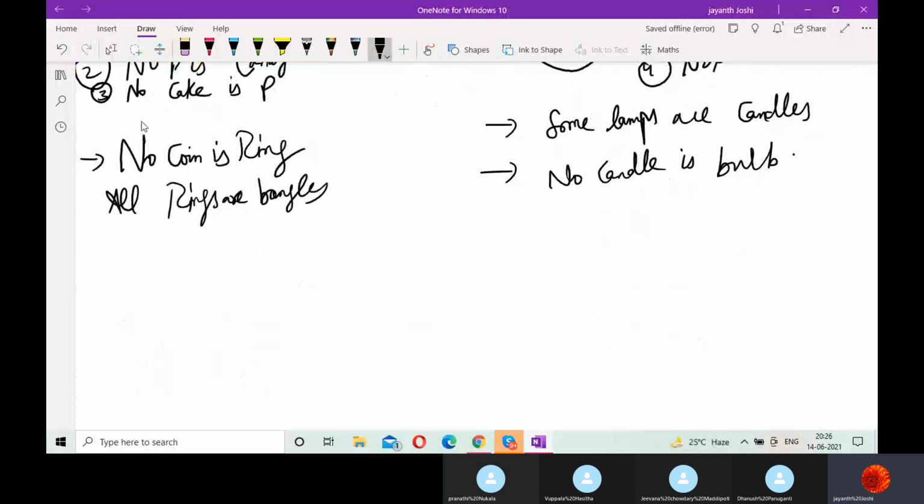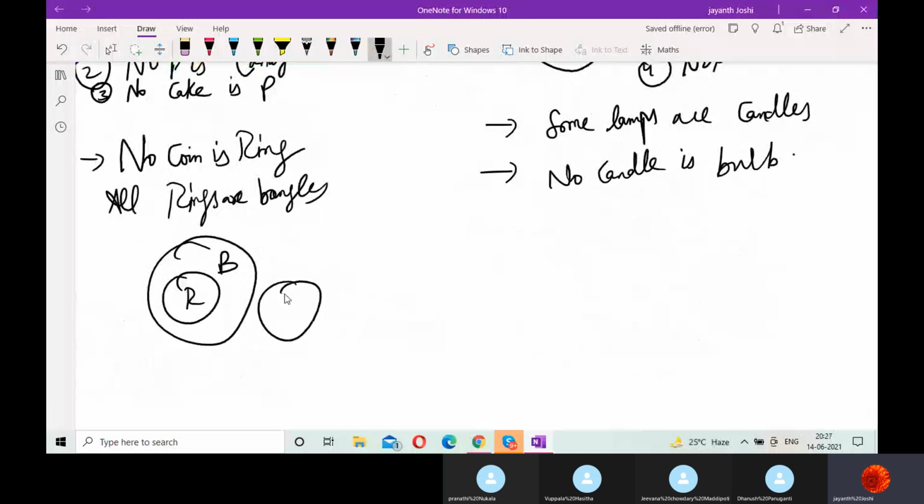Okay, so we will do both of them. No coin is ring, all rings are bangles. So rings, bangles. And they are saying no coin is ring. So if I write coin outside, it can also be one. No coin is a ring, but coin can be a bangle, at least.